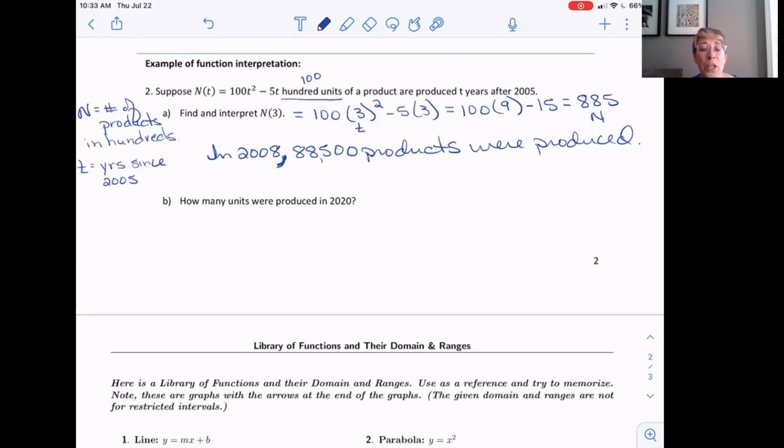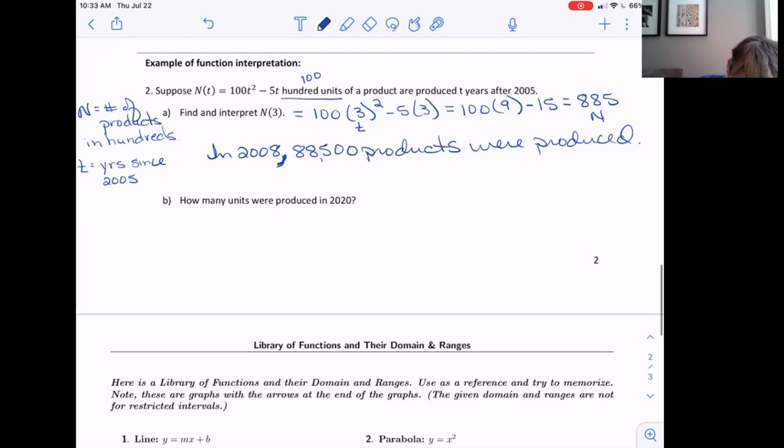Then it asks how many units were produced in 2020. Well, in order to determine N, if they're saying how many units, they're asking us to find N, they have to be giving us t. In order to solve for one variable, you have to have the value for the other variable. So they're asking us for N, they are giving us t.